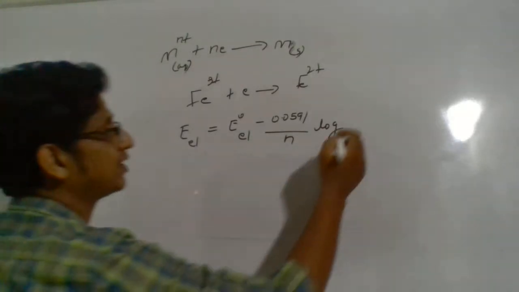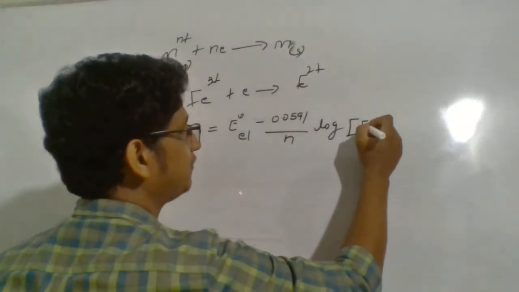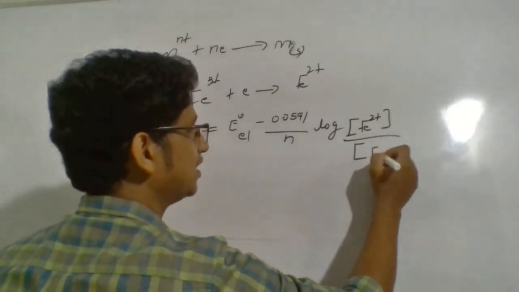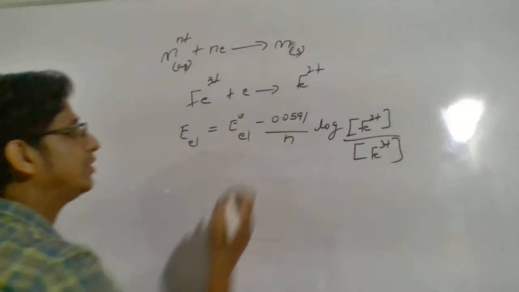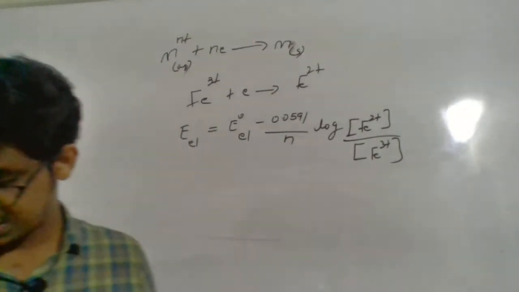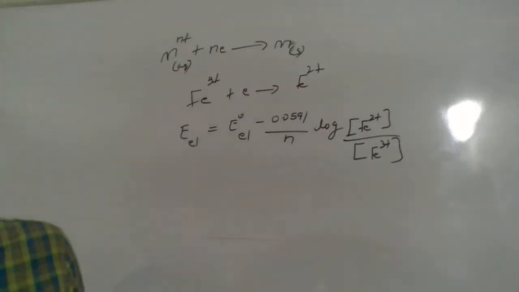Here the number of electrons is 1. Fe3+ to Fe2+ means Fe2+ is the reduced state, so it will be the concentration of Fe2+ divided by the concentration of Fe3+. This is the way you can write the Nernst equation for any electrode reaction.